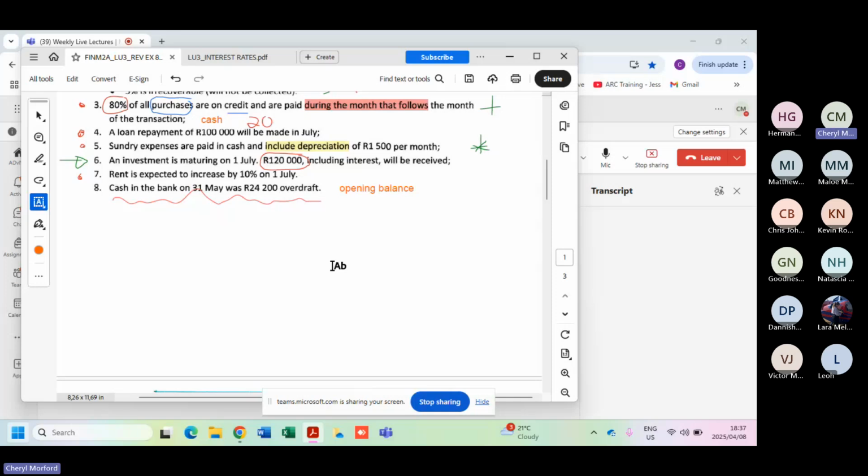Then what else comes from this unit? Ask task 3. Can I just ask a question quickly? Of course, please. If we indicate the opening balance, which is in overdraft, in red, would that be acceptable or must it be in brackets?